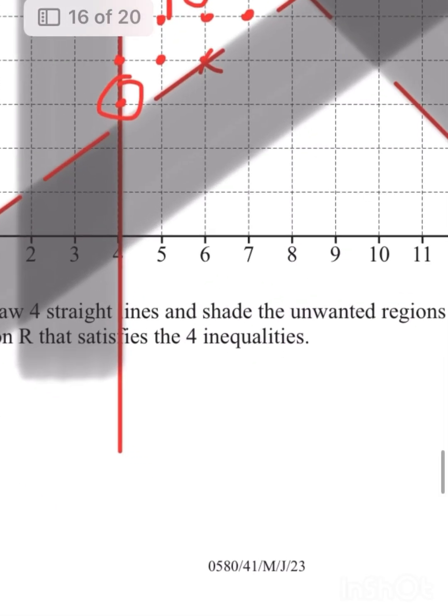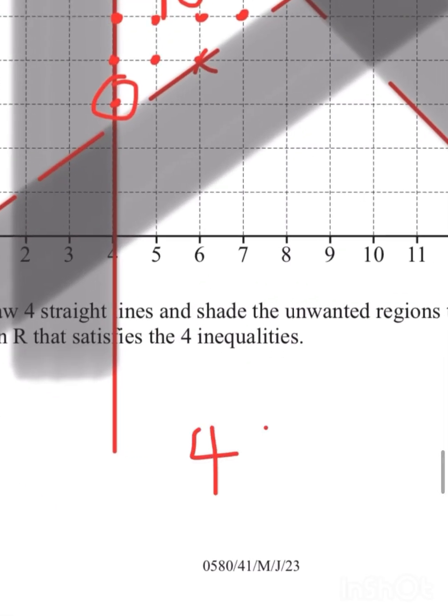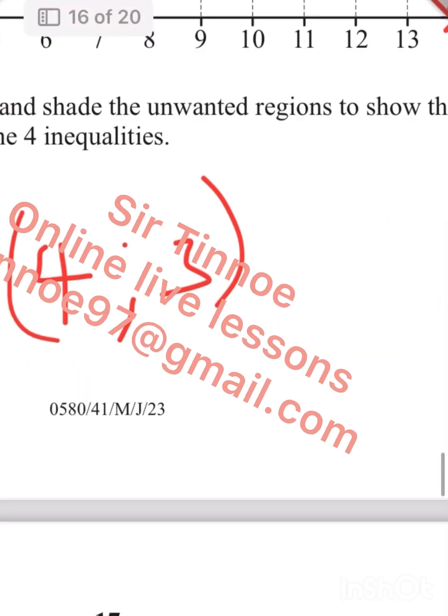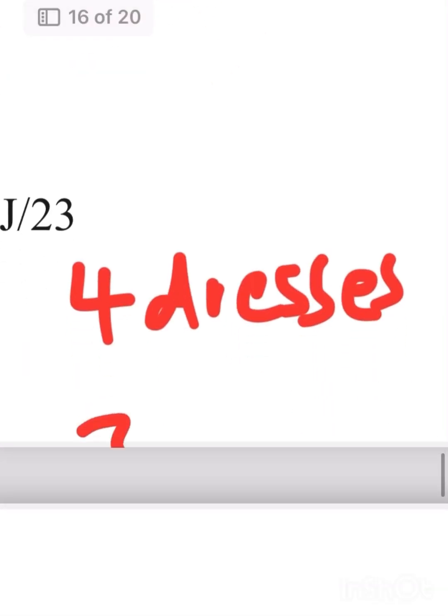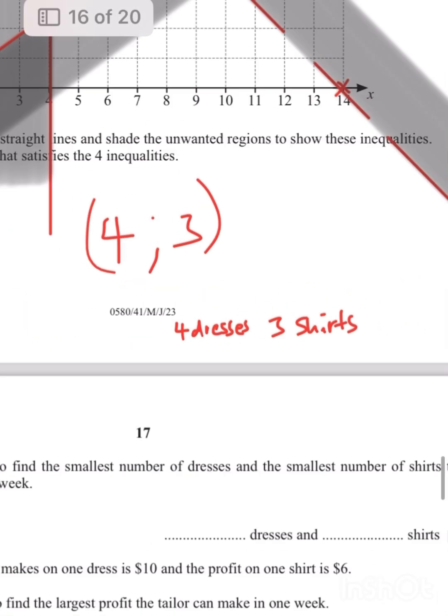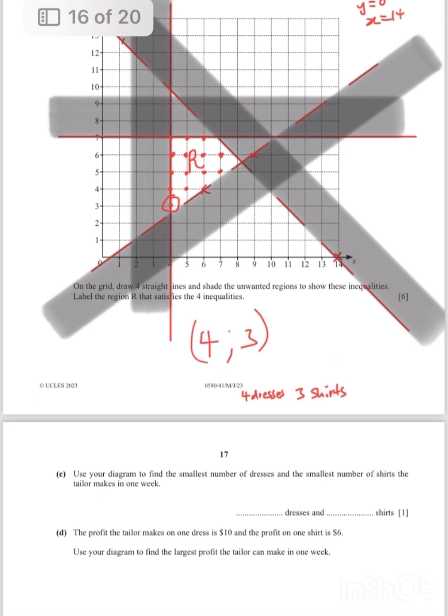Actually, it's (4, 3). So it's actually 4 dresses, that's the smallest coordinate that exists, and 3 shirts. Okay, fine. So that's it on that part.